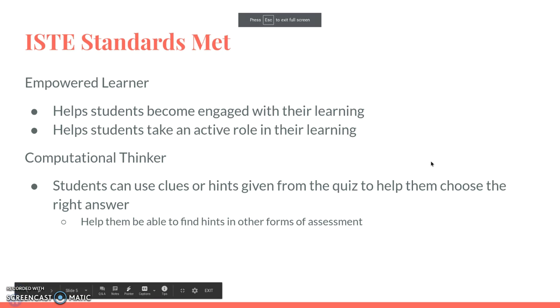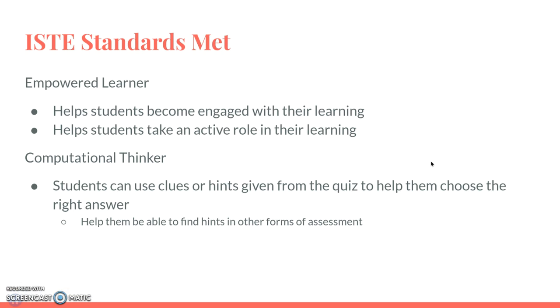All right, and then the ISTE standards that Travinity meets is Empowered Learner. I think all these resources meet these same standards because they're all very similar. They just have some different features to them. So it helps students become engaged with their learning, and it also helps them take an active role in their learning.